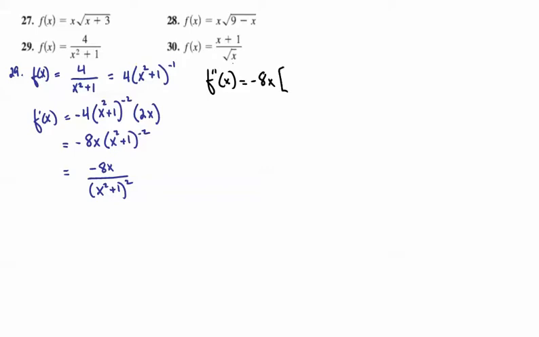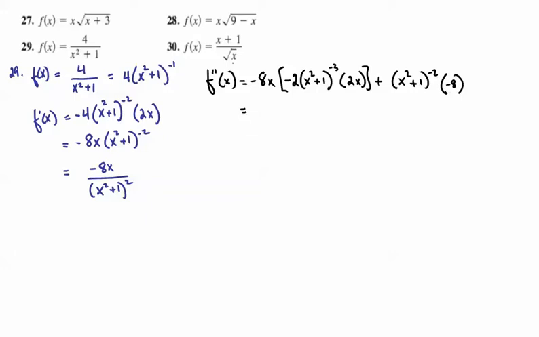So we have a chain rule here. Outside function is x to the negative second. We bring down the negative 2, x squared plus 1. We reduce the exponent by 1 and multiply by the derivative of the inside function. So that's 1 d2 plus 2, which would be (x squared plus 1) to the negative second d1, which is negative 8.